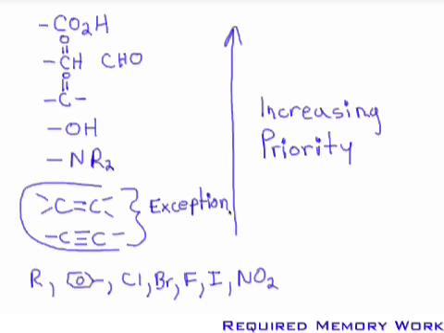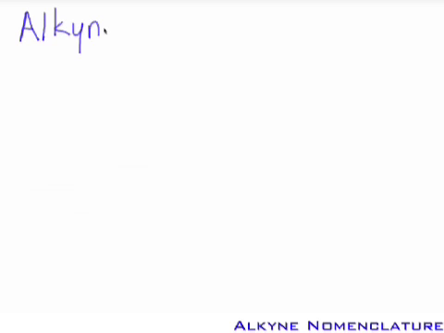So let's go back to our alkenes. And now we're going to add into the alkenes the alkyne. And then we'll start combining both into molecules. The alkynes, as we know, are molecules that consist of the triple bond.